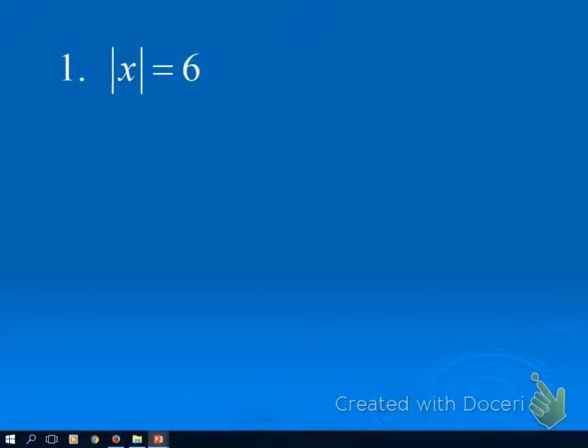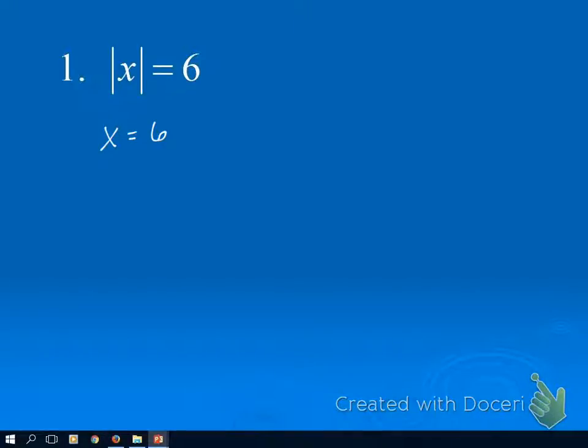So here's number 1. And what number 1's asking is, because there are those absolute value bars, absolute value is distance, and we want that distance to be 6. Well, I kind of just gave it away. But what numbers are 6 units away from 0 on the number line? Well, obviously, 6 is 6 units away from 0 on the number line.